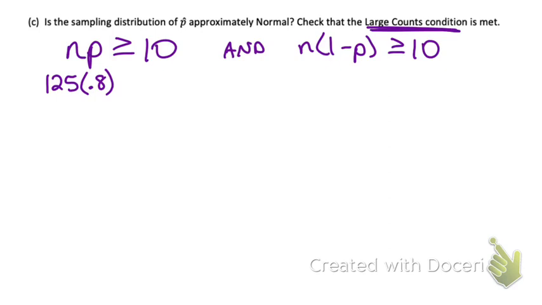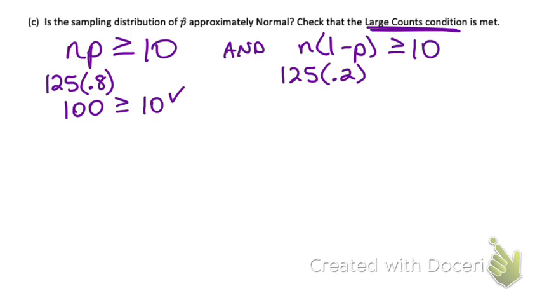What is 125 times 0.8, or 80% of 125? That is 100. Is 100 greater than 10? Yep. Now I need to know the complement of that. What is 20% of 125? No calculator is needed. 25. How did you know that, Luke?